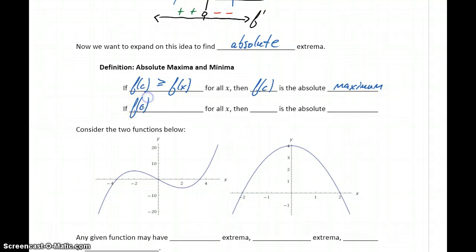If there is some point f of c, and it's less than or equal to our function value at any other point, then that value f of c is referred to as the absolute minimum. So we're looking for those points where our function takes on its largest possible value or its smallest possible value.